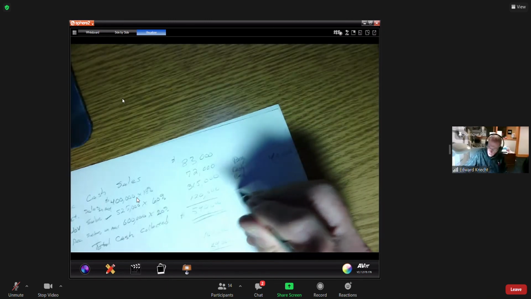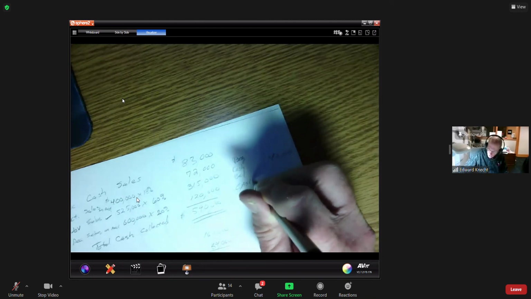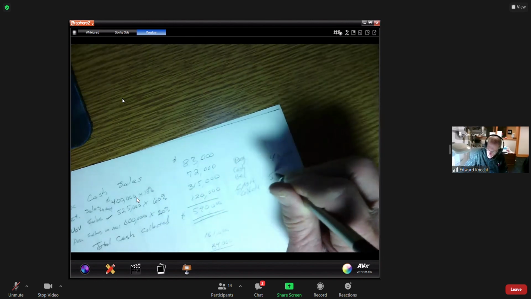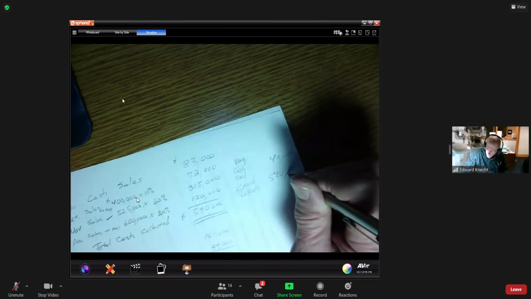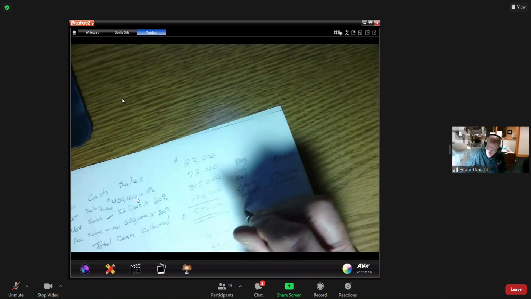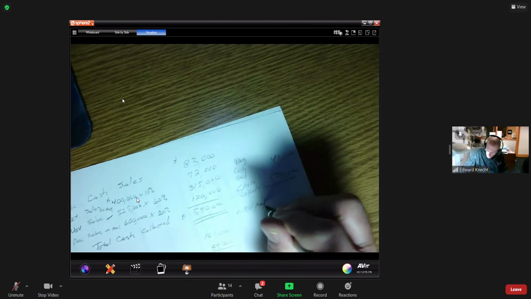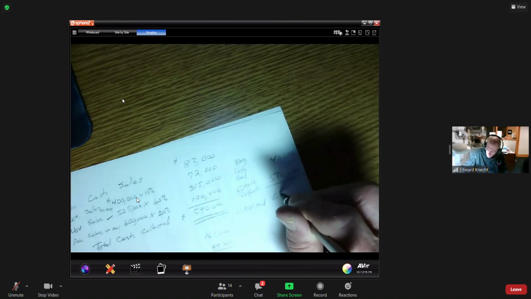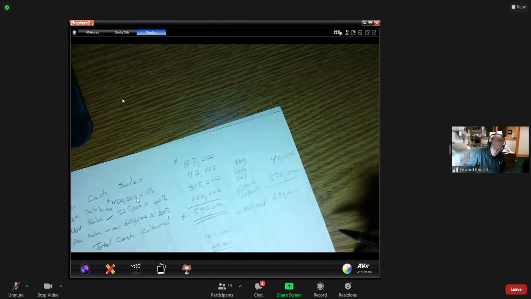And then we're going to add cash collected, which is 590,000. So this is the cash available. So that's going to be $630,000, right? And then what's our disbursements?